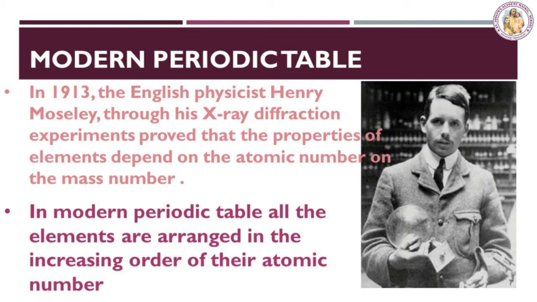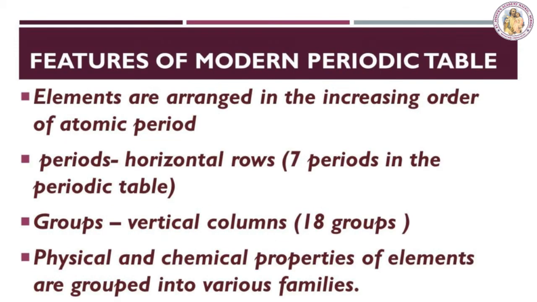So, the modern periodic table was prepared by arranging elements in the increasing order of their atomic number. This modern periodic table is the extension of Mendeleev's original periodic table and is known as the long form of the periodic table.